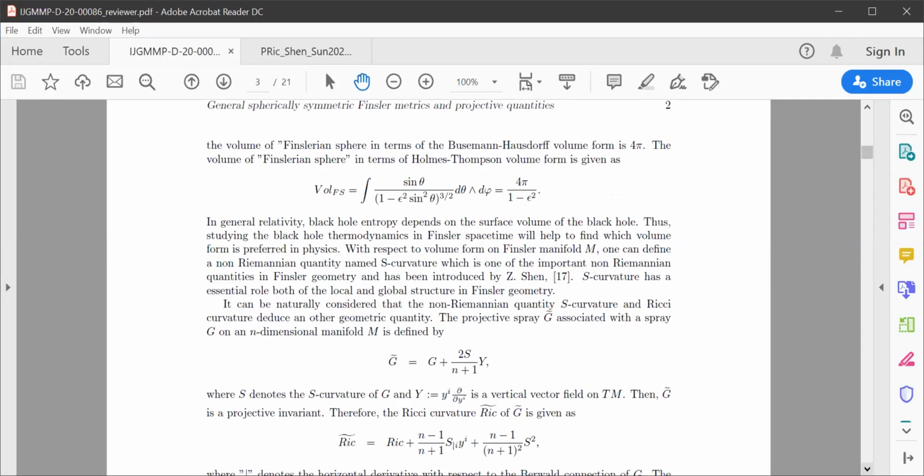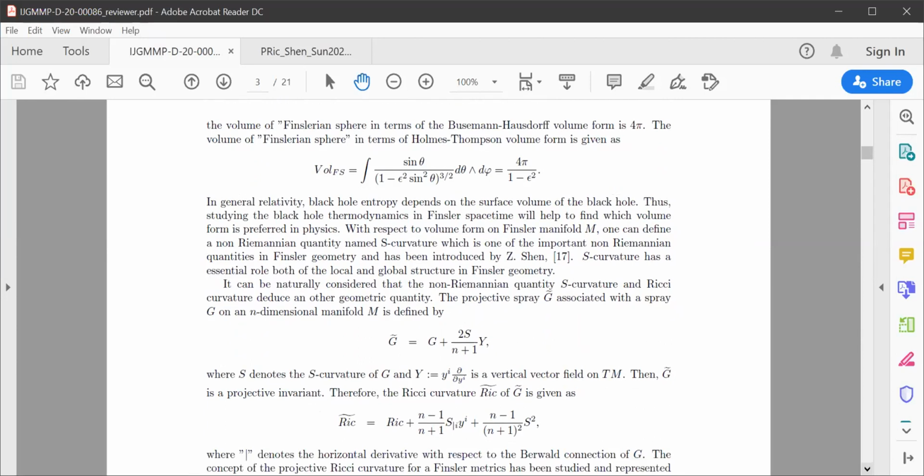In the paper, you will see the introductions written here. First of all, it says it can be naturally considered the non-linear quantity S curvature, and the Ricci curvature deduces other geometric quantities. English is not good enough.